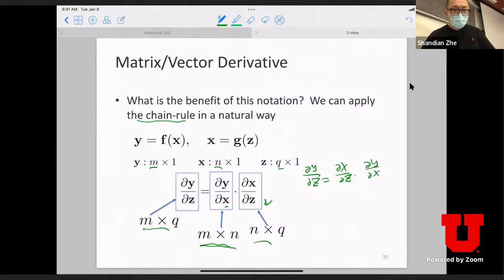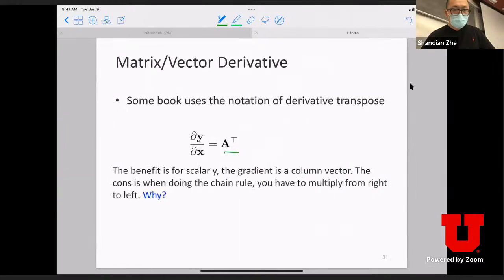Unless you're left-handed, I don't think this is really natural. But you can check the matrix sizes; only doing so makes it consistent.